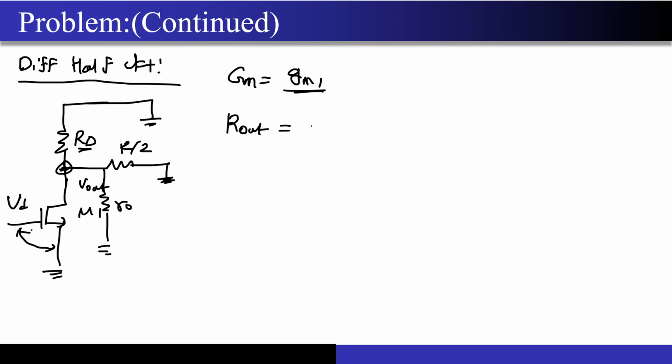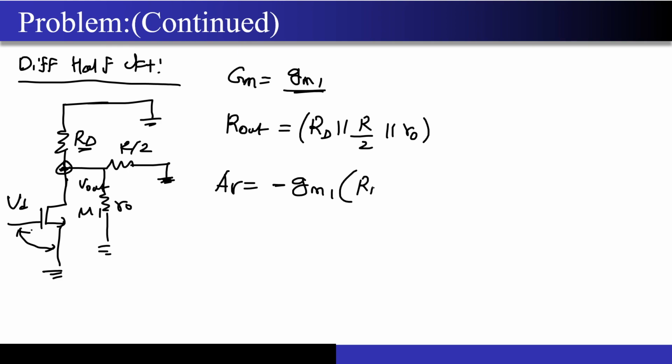So the R out will be the parallel combination of RD parallel R by 2 parallel R naught. So your gain will be minus GM1 times RD parallel R by 2 parallel R naught. This is the differential gain that you will get if you write it using the differential half circuit method.